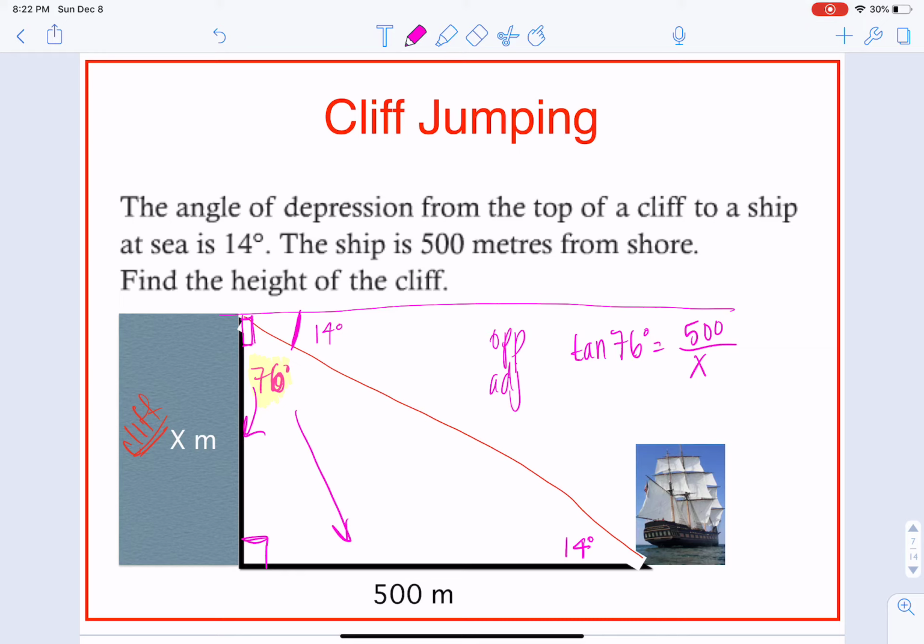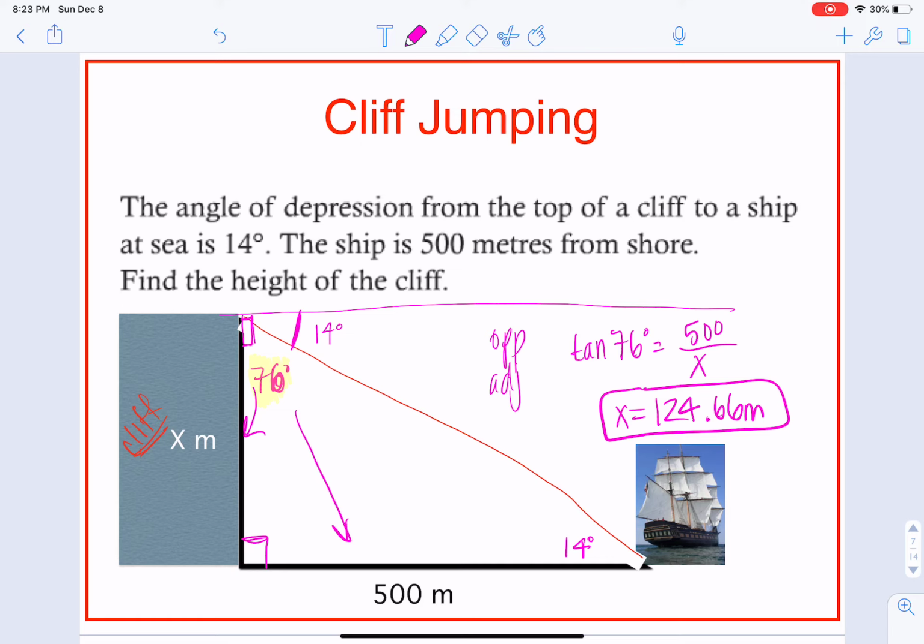And I can multiply both sides by x and divide by tan of 76 on both sides. And so I end up isolating x to see that x is equal to 124.66, and we'll call it meters. So that would be the height of my cliff here.